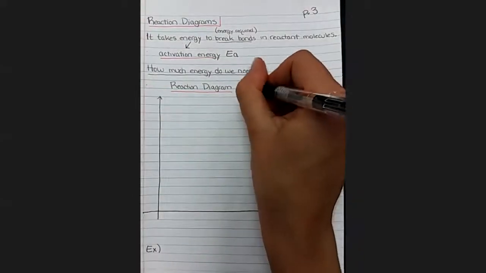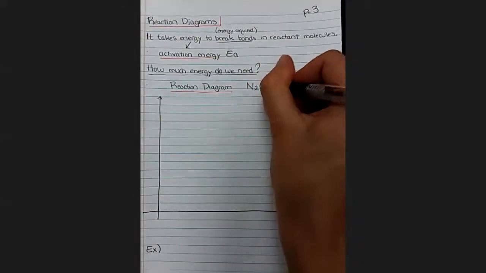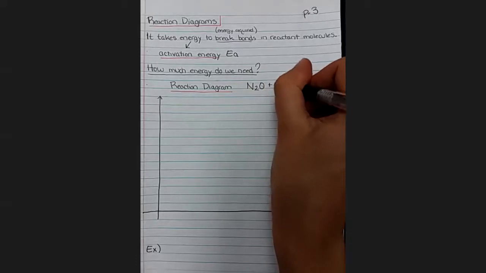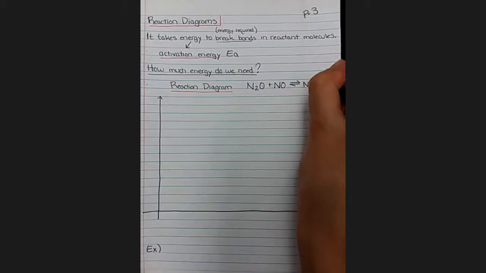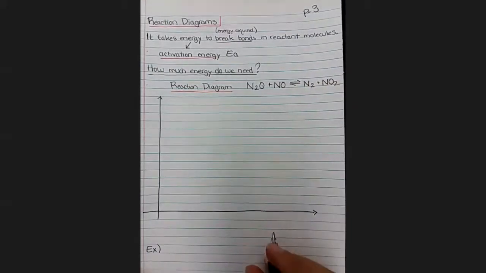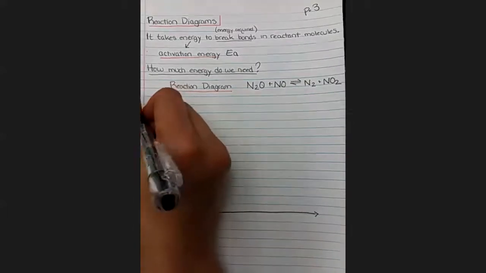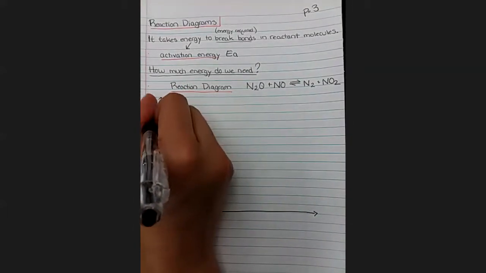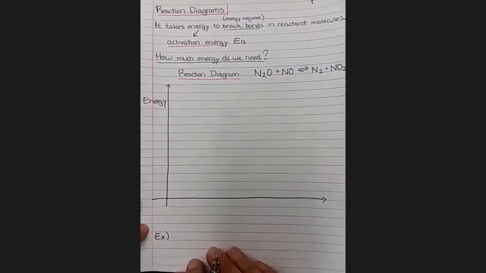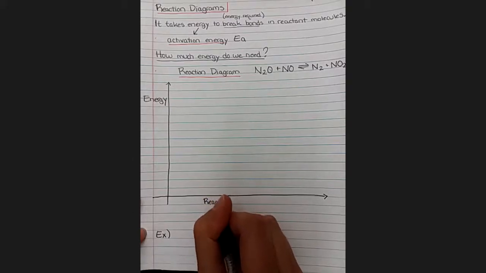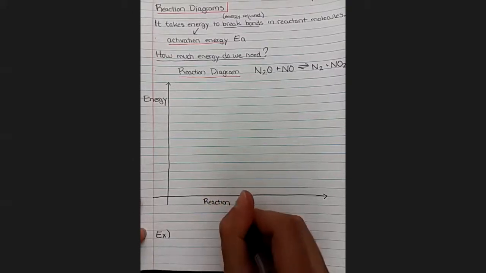And let's use the same reaction we did in the previous video. So that was N2O plus NO2 in equilibrium with N2 and NO2. So this reaction diagram is always going to have some form of energy on the y-axis. It depends, either delta H or delta G. And it's going to have the reaction progress down here.